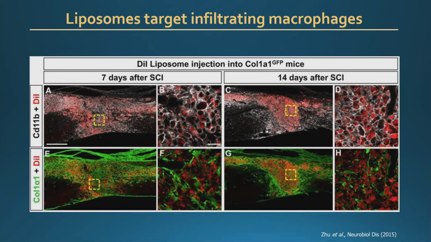So in here you can see CD11b staining, and I hope you can appreciate that the red liposomes are inside these white membrane cells, so macrophages in the lesion site. And when you look at fibroblast cells, there's no co-localization. So there's a specificity to this system. Both at 7 days and 14 days, they were able to observe that.